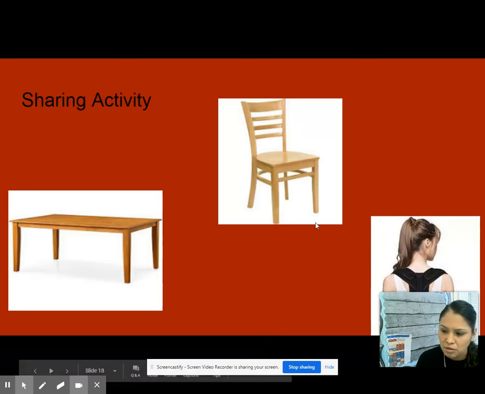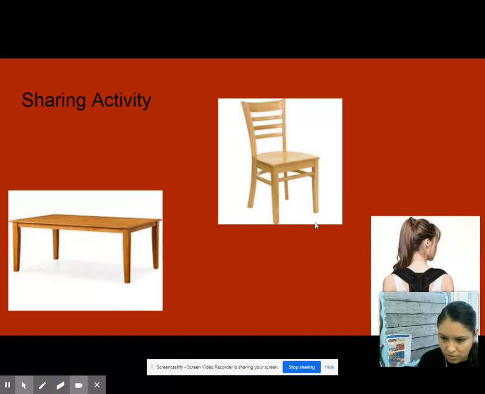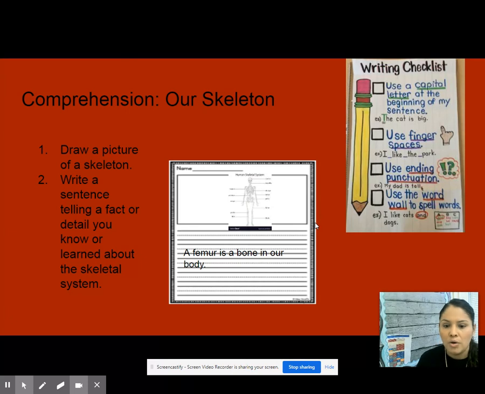Sharing activity. We want to sit straight and see how our bones feel. Okay, now you want to draw a skeleton, the picture of a skeleton, and write one sentence telling me how your skeleton helps you, what the skeleton does for you.